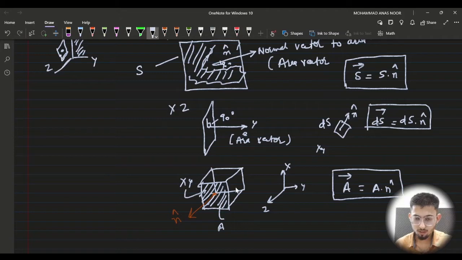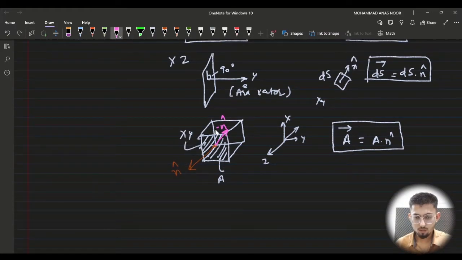Because that is also z. Inside, this would be the negative z, and it would still be normal to it. That is wrong, according to convention.